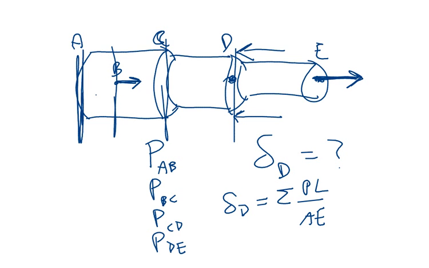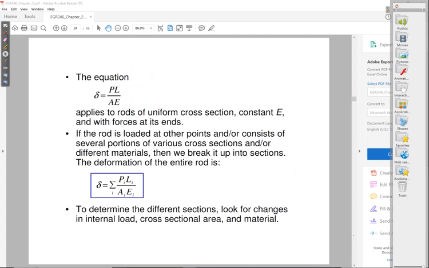You keep adding up to the point for which you want to know the deflection. Okay, so that's how you would handle that. All right, so that is how you find deflections and how you make use of internal forces and then apply this PL over AE equation.